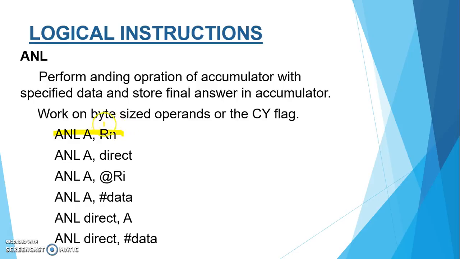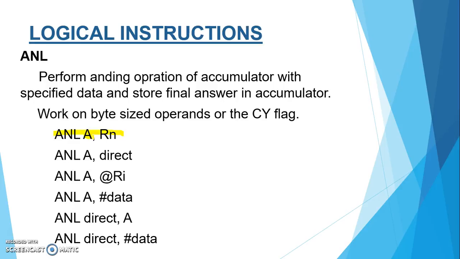What is the destination register over here? If I consider this instruction, A is going to be the destination register. So the content of A will be ANDed with the content of Rn, and the result is stored back into the A register.